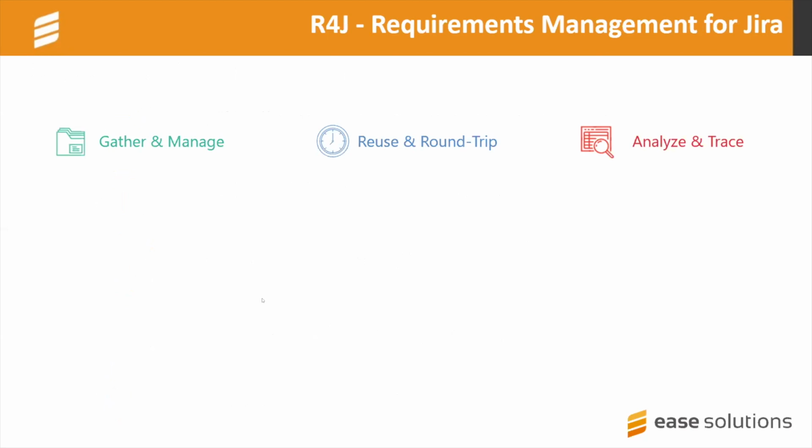What we want to achieve with our requirements management plugin is, first of all, to make gathering and management of requirements easy and structured. It allows flexible structuring, gives you an additional add-on for baselining and a little more than the standard Jira history, provides revisions on your changes, and supports easier reading in a so-called reading view.